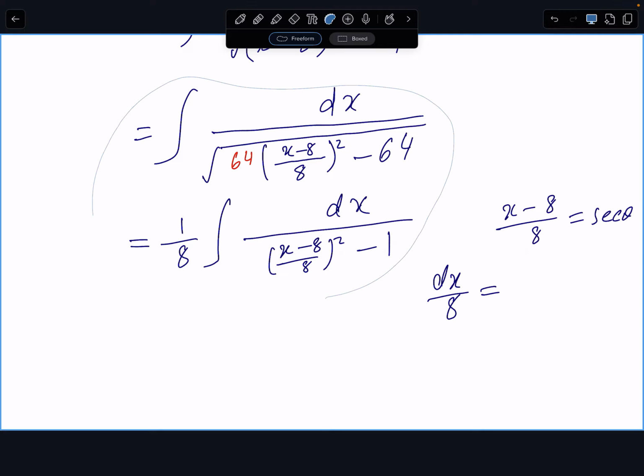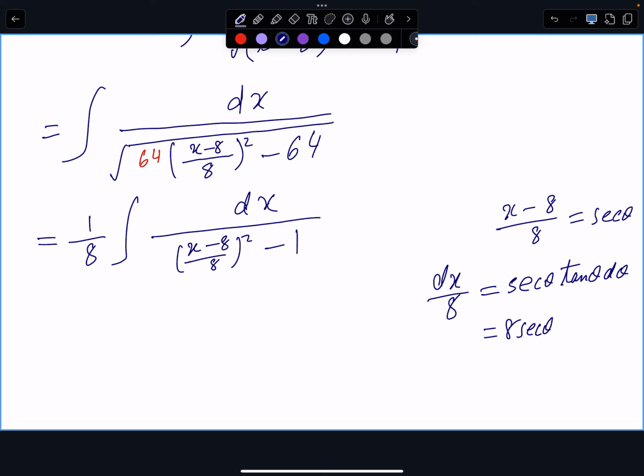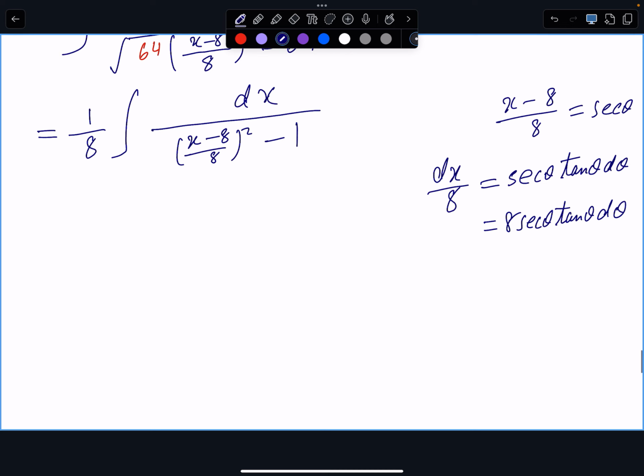Let me move these to the left. وبعدين عندنا secant theta, tan theta, d theta. Is that clear? Therefore, dx is 8 secant theta, tan theta, d theta. So what is this one? Oh, there's a square root we said, right?